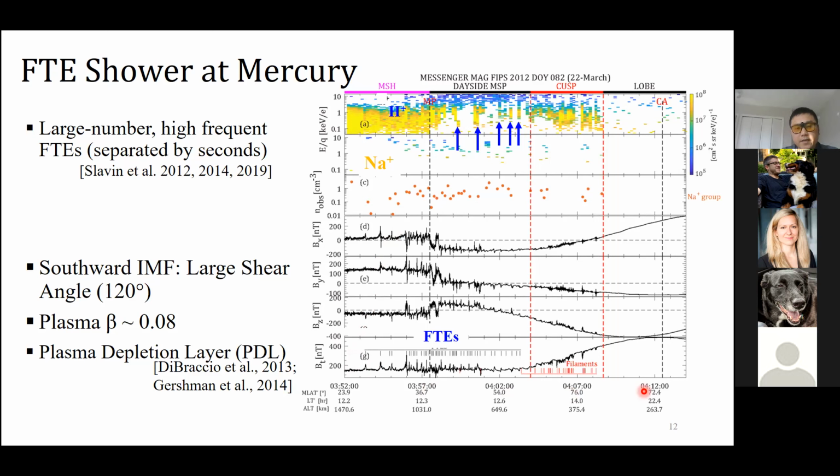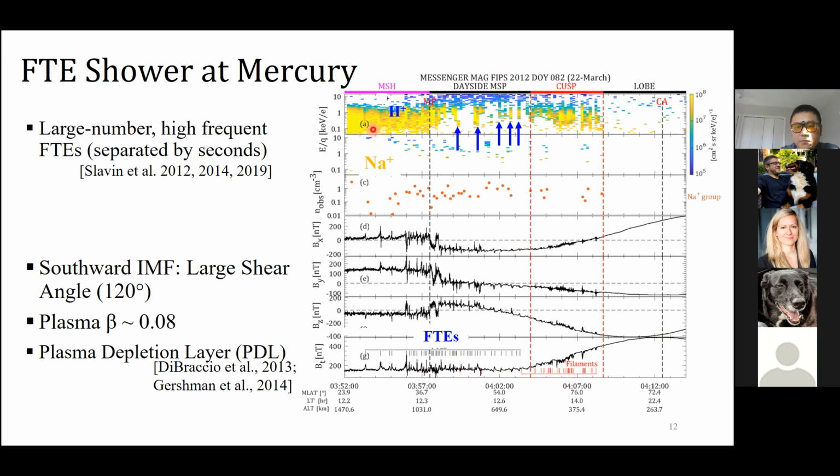In this figure, MESSENGER crossed near the subsolar magnetosphere, and it moved from the magnetosheath into the magnetosphere. This is highlighted as the magnetosphere region, and then it crossed the northern cusp and into the night-side magnetosphere.